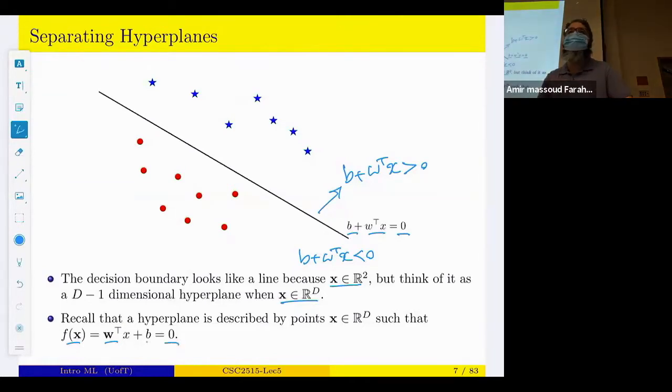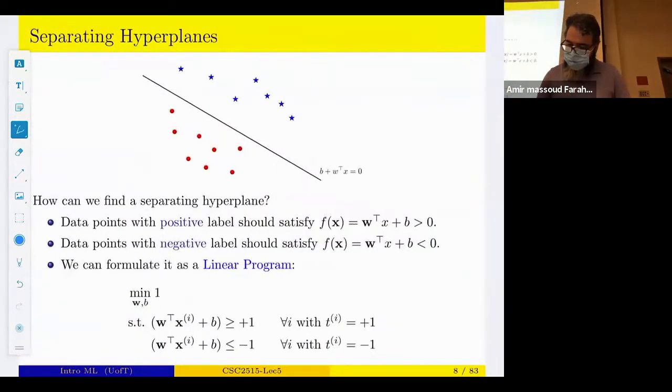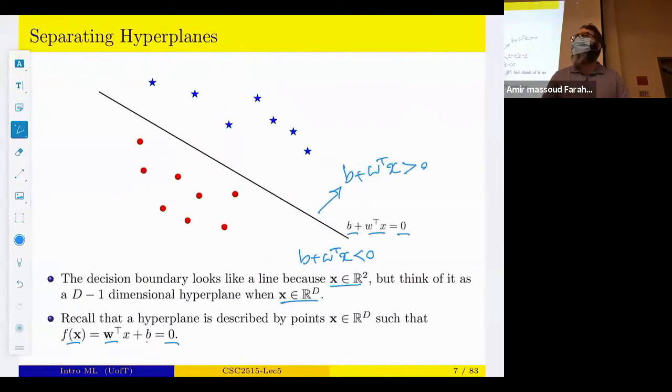So this function f of x, which is also a function of W, takes the value 0. Points on one side take values that are positive, and points on the other side take values that are negative. Okay, is this clear? I think you have probably seen the equation of a line and hyperplane before.